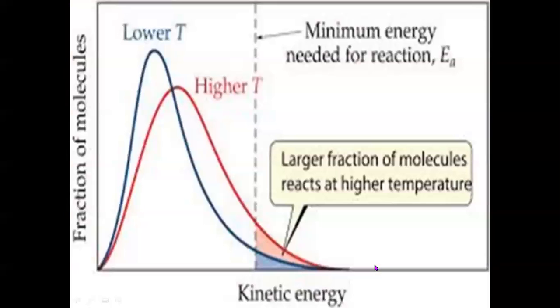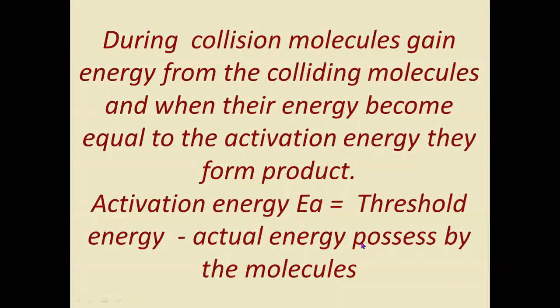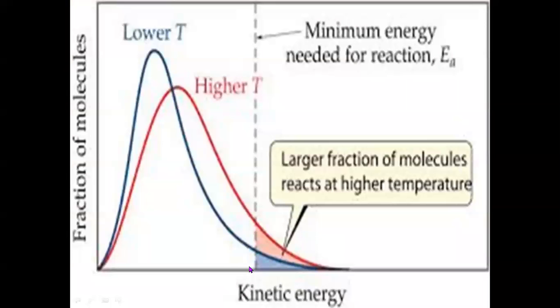Then what is threshold energy? Threshold energy means the highest energy which may be for a particular reaction. And already some energy is possessed by the molecule. So the extra energy which it needs or has to acquire is called activation energy. And for this graph, it is this much minimum amount of energy needed for the reaction.